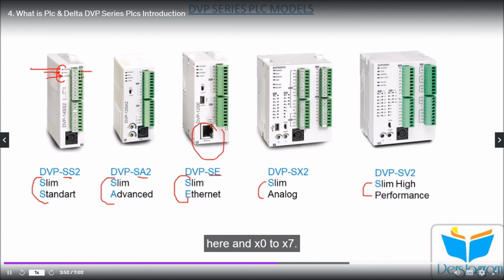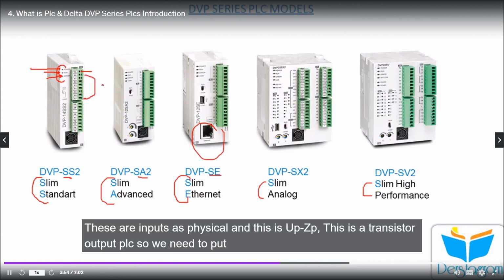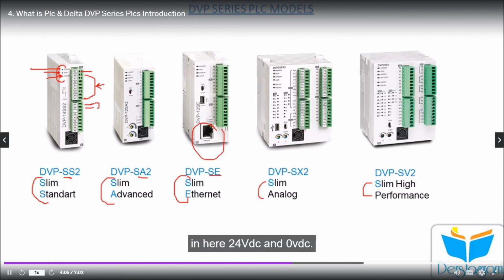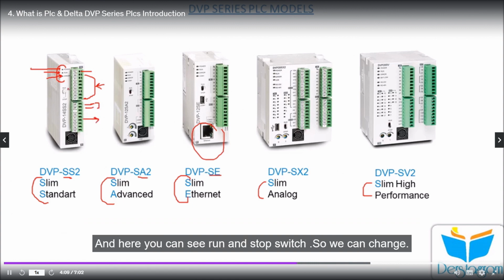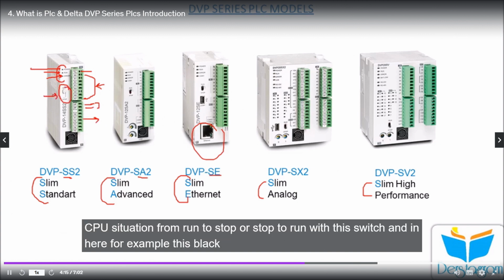X0 to X7 are the physical inputs, and this is a transistor output PLC. We need to put 24 volt and 0 volt here, and here we will get our outputs. Here you can see the run and stop switch, so we can change the CPU situation from run to stop or stop to run with this switch.